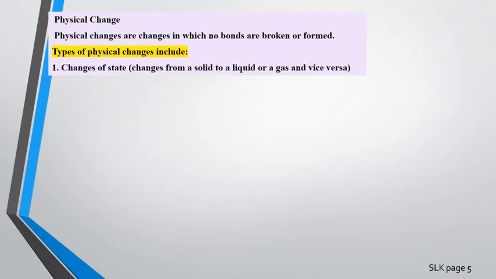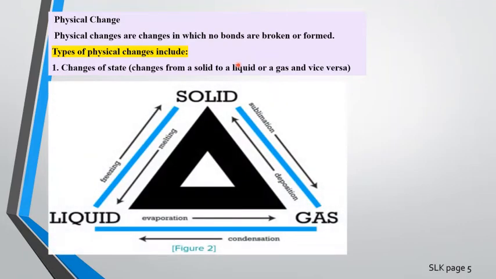So what are these types of physical change? This includes the changes of state. I have already discussed it with the phase diagram, so this is just another illustration, but still the solid, liquid, and gas forms change state and they can be reversed, undergoing different phase processes like freezing, melting, evaporation, condensation, deposition, and sublimation.